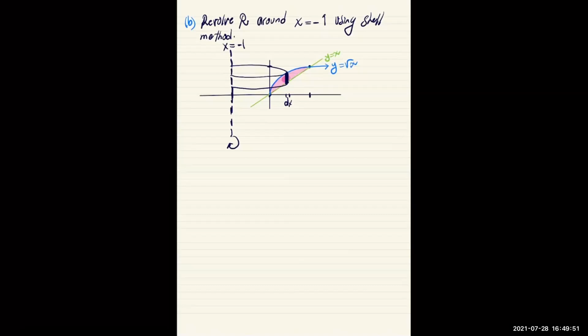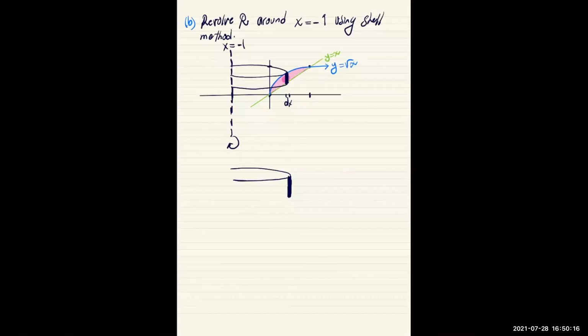Let me draw that out here. Again, this thing has a thickness. That's the thickness of the shell. That's your delta x. Uh-oh, the whole thing just vanished. Okay, let's do that again.